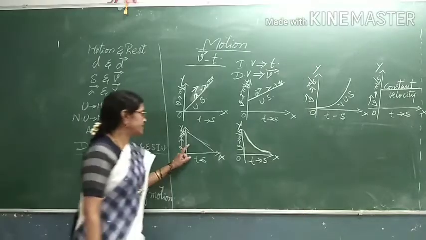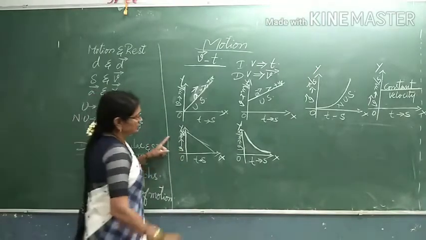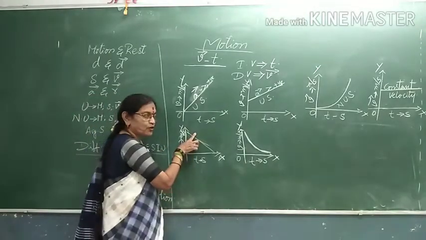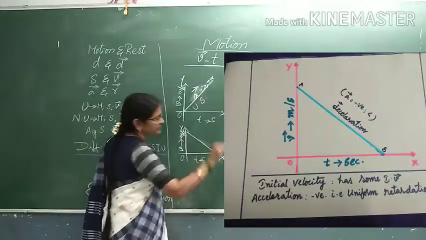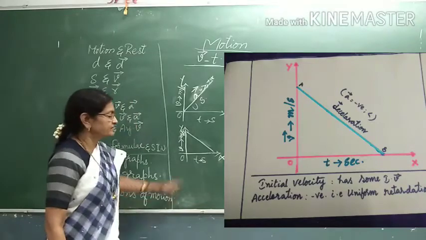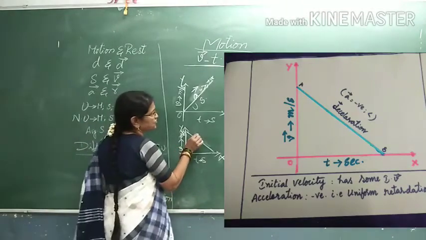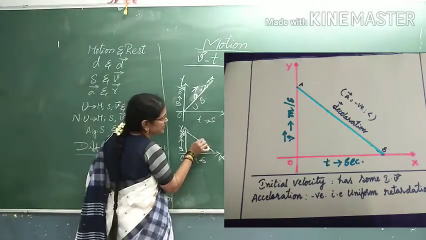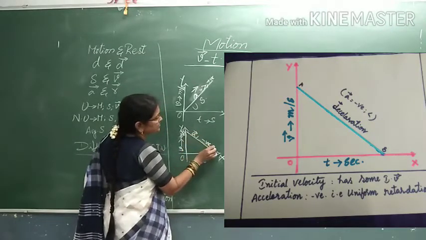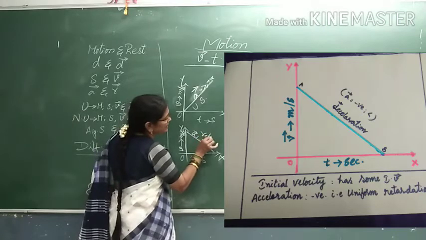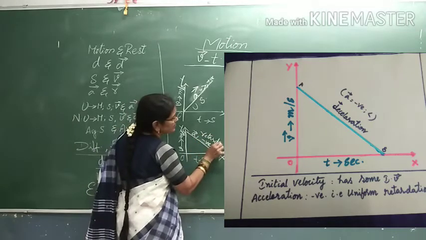Now coming to this graph, the velocity is uniform, but the graph is coming down towards the x-axis. So what is it? Acceleration is decreasing, so it is negative acceleration. In other words, the body is retarding.